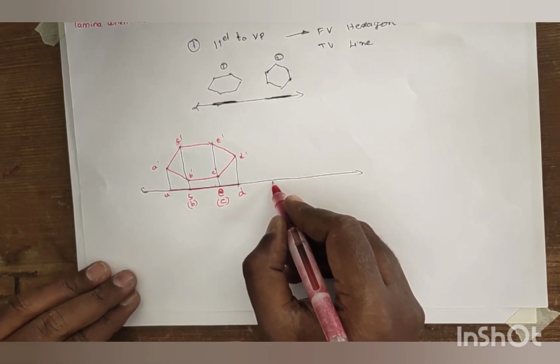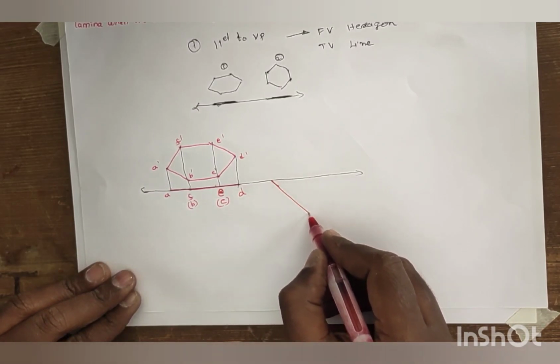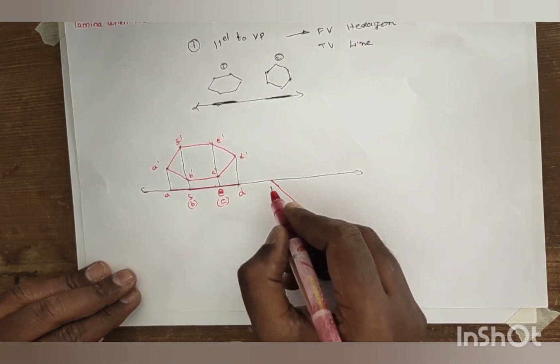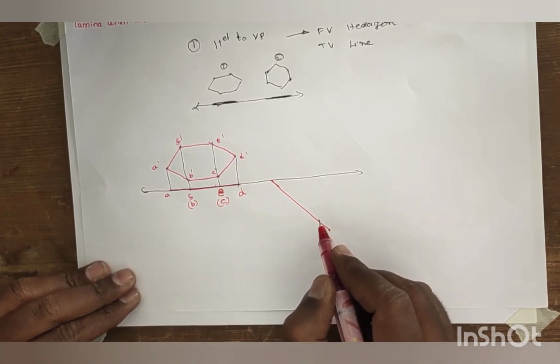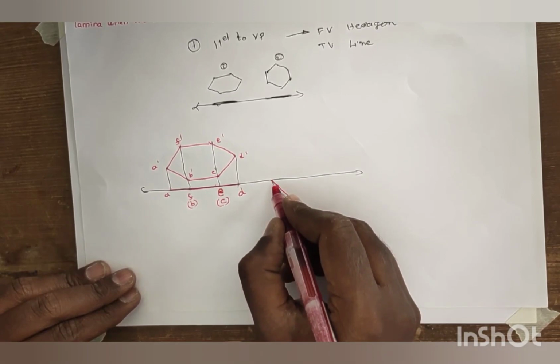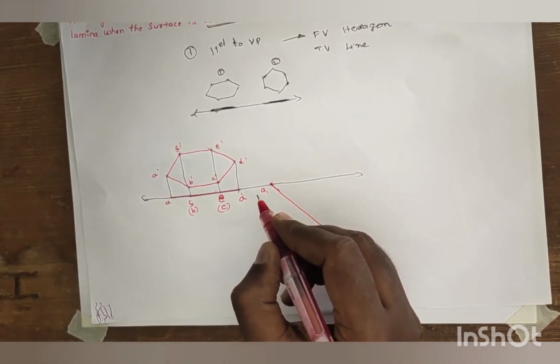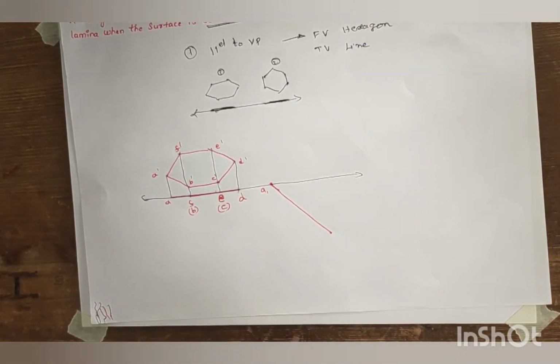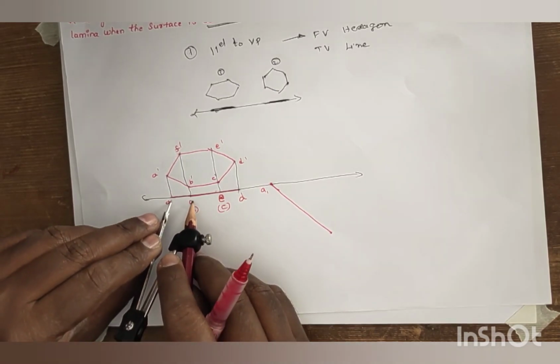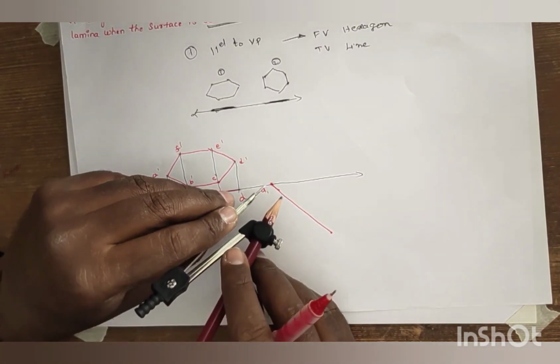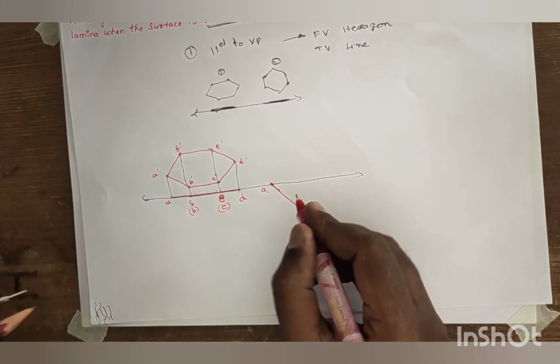Next, what do I have to do? The top view we have to rotate by 50 degrees. But the geometry is not changing. At the same time, length is not changing. Therefore, this is A1. Now we have to take AF as radius, A as center, and draw the arc.